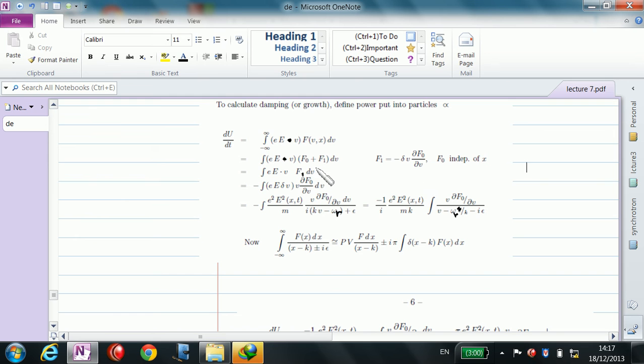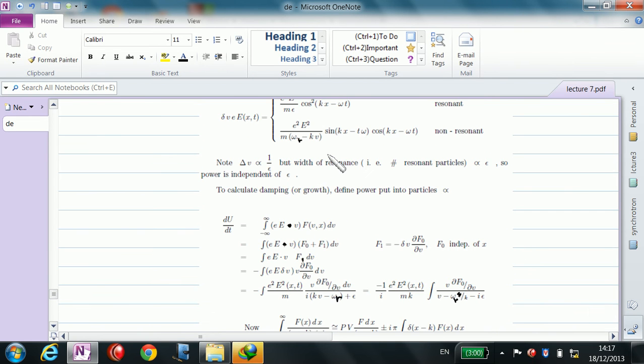And the idea is that you define number density as the integral of f0 dv. Okay, right.